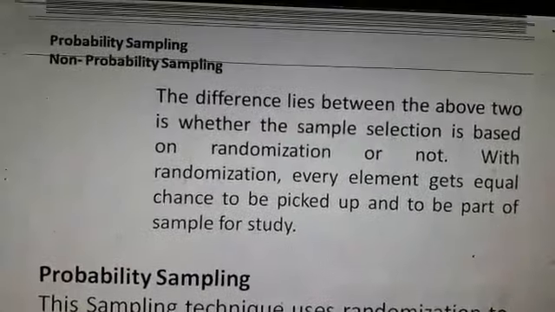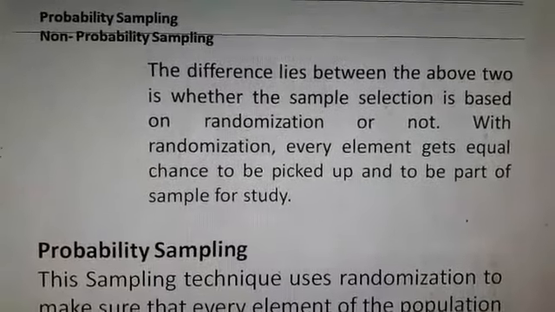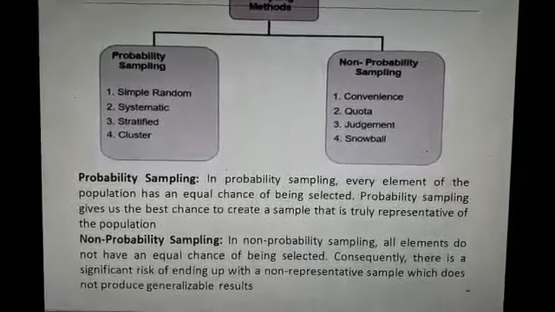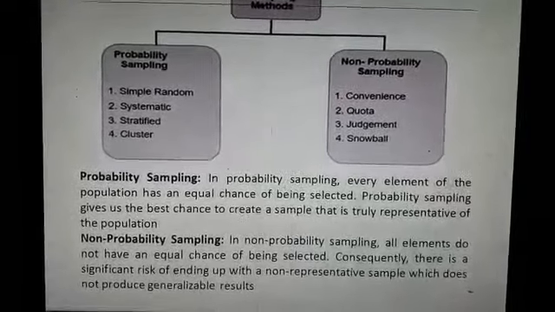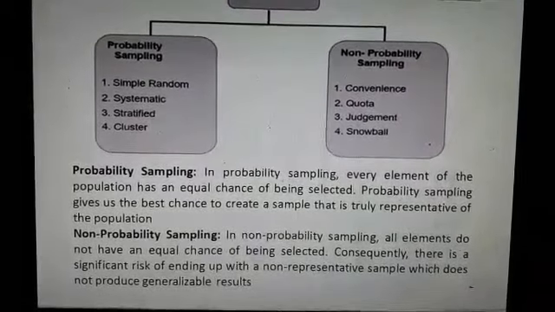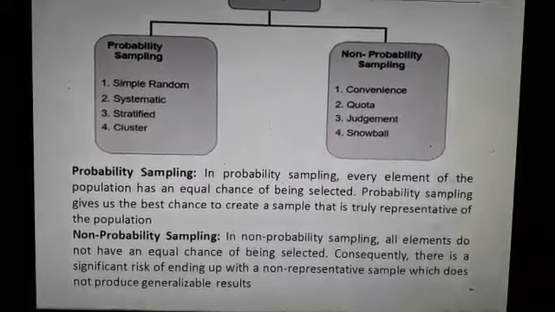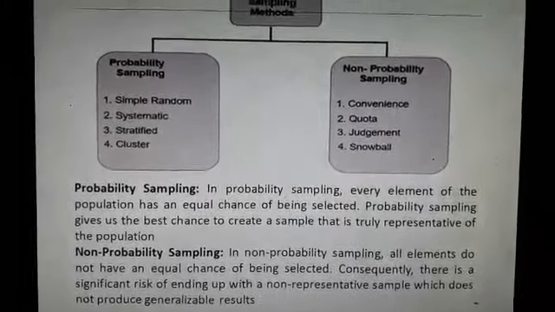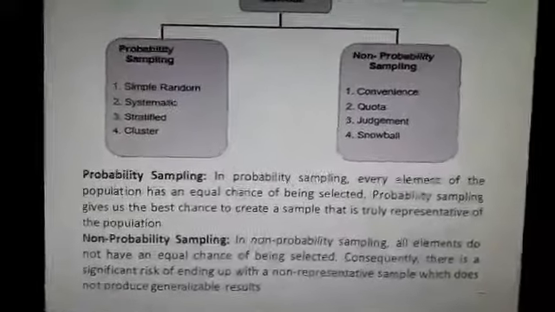Broadly, we have two types of sampling. The sampling methods are divided into two: one is probability and one is non-probability. In probability sampling, every element of the population has an equal chance of being selected, whereas in non-probability, all the elements do not have an equal chance of being selected.